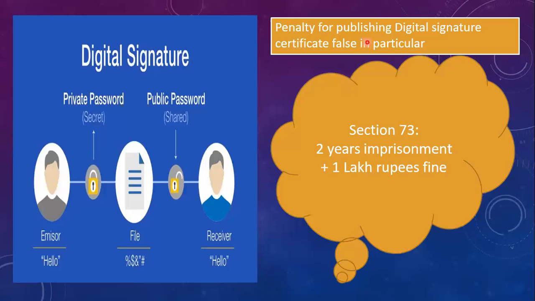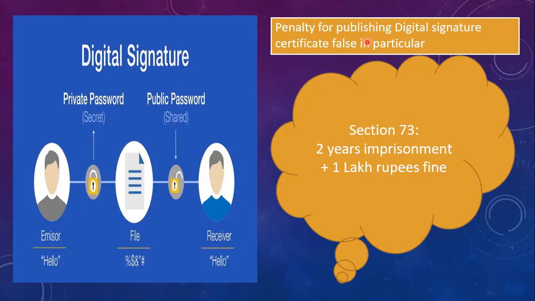Section 73 is for those who publish a digital certificate which is false in certain respects. For example, anyone who publishes a digital signature certificate or otherwise makes it available to any other person with the knowledge that the certifying authority listed in the certificate has not issued it.